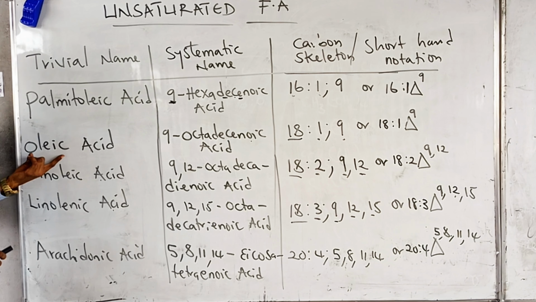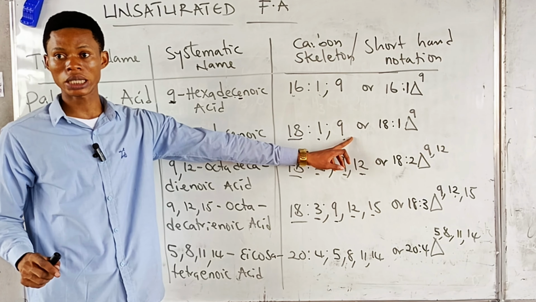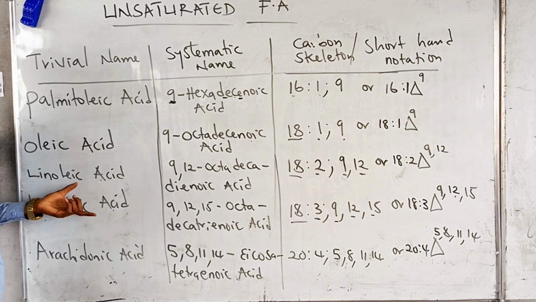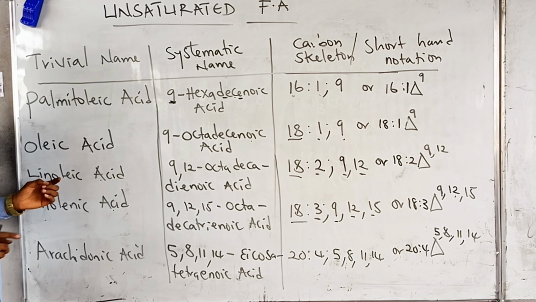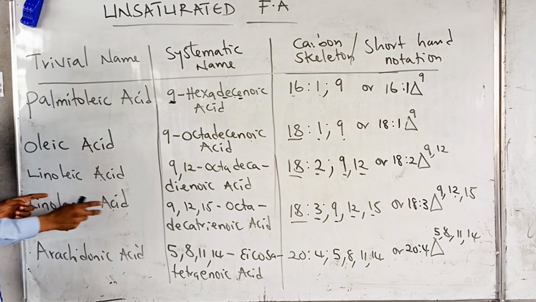Oleic acid, right? Monounsaturated because it has just one double bond on carbon 9. And these two are polyunsaturated because they have more than one double bond. So, note that linoleic acid has 2 double bonds, linolenic acid, how many? 3 double bonds.